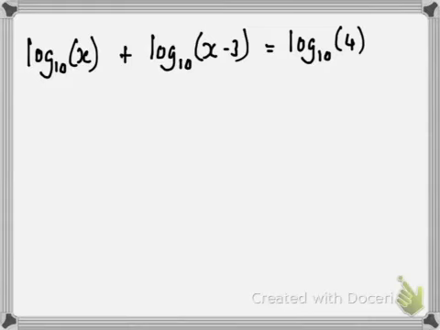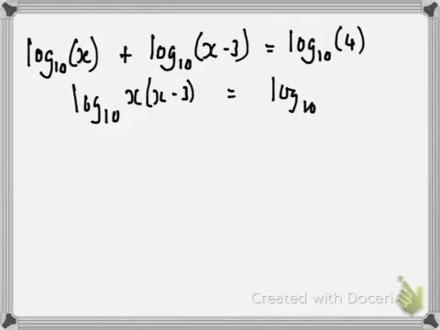Next question. A few ways of going about this. First thing I'd probably look at doing is tidying up the left hand side here. Log base 10, and we've got x multiplied by x take 3 equals log base 10, and we've got 4 there.